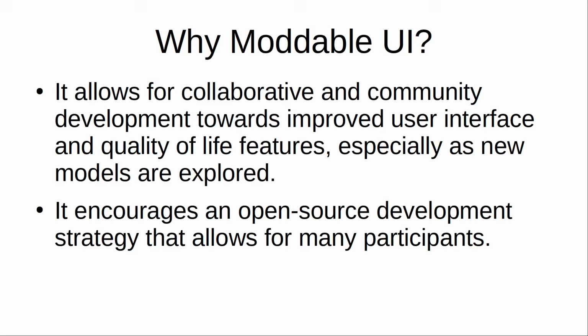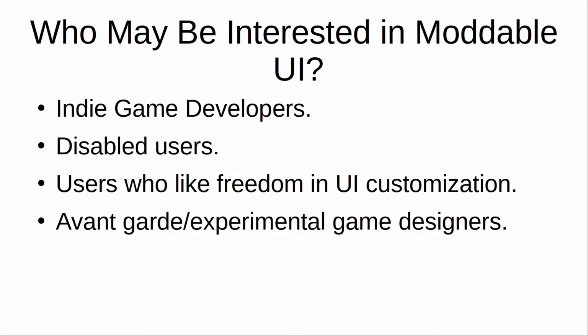And open source development is a real boon for disabled people, because even within companies such as Freedom Scientific that hire a large number of disabled people, it's still an exclusive club that most disabled people do not have access to. But open source development actually opens the doors for disabled developers all across the world who may be interested in moddable UI.